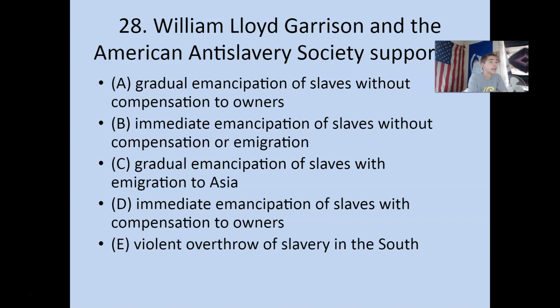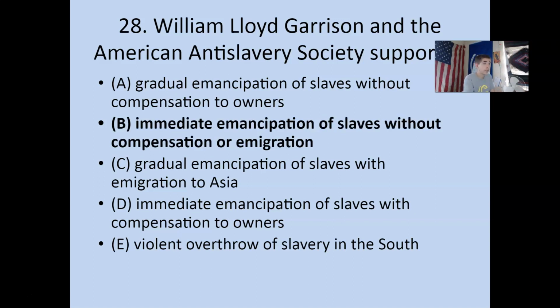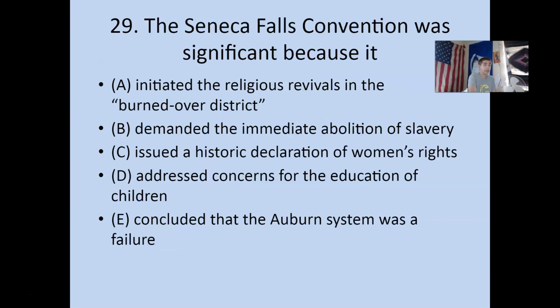C. Gradual emancipation of slaves with immigration to Asia. Or D. Immediate emancipation of slaves with compensation to owners. Or E. Violent overthrow of slavery in the South. B. Immediate emancipation of slaves without compensation or immigration. Number 29.